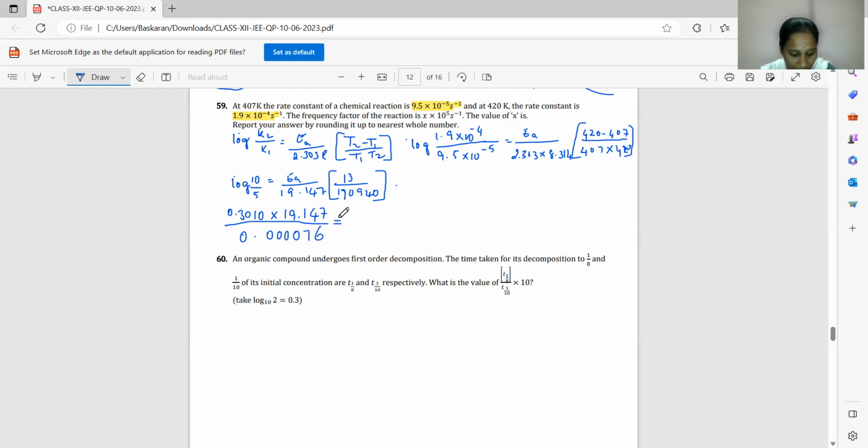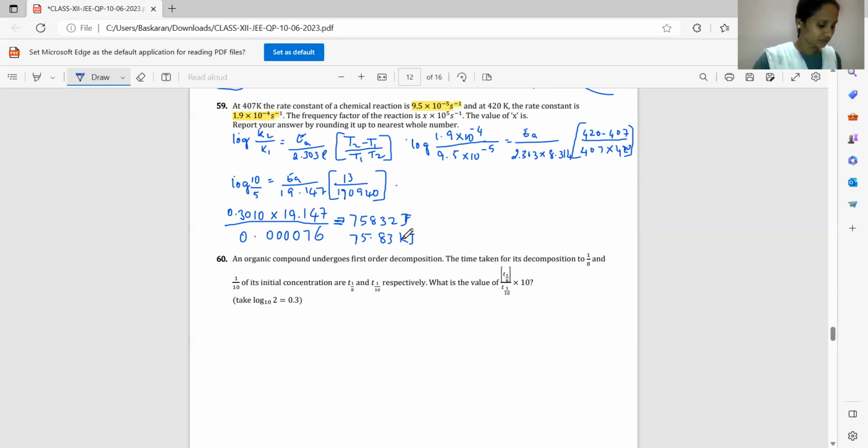Activation energy will be equal to 75,832 joules you will get, and if it is converted then it will become 75.83 kilojoules. Okay, so this is the activation energy that you will get.